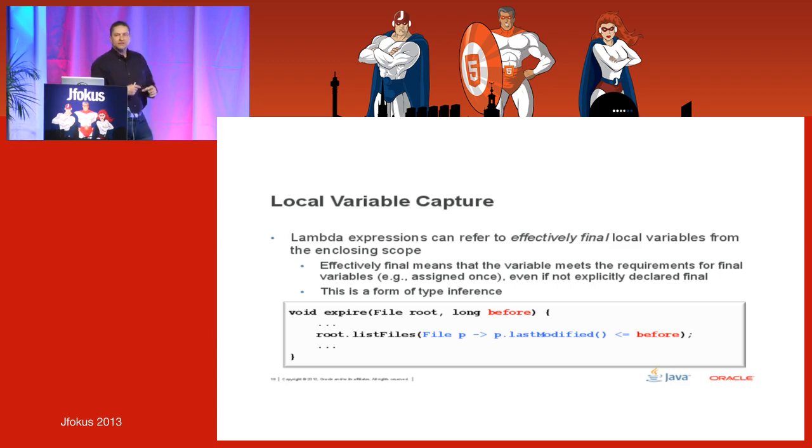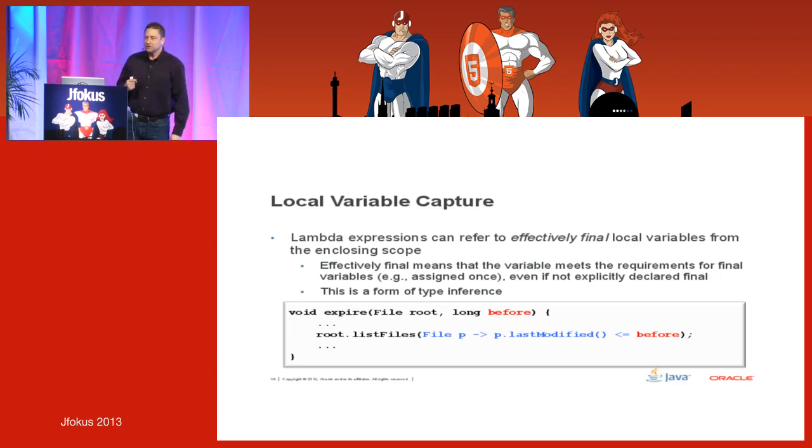But in the same way that you can think of a Lambda expression as clearly a replacement in many cases for an anonymous inner class, if you're using an anonymous inner class, you know that there's this issue that you can only reference variables from outside of the anonymous inner class if they are marked explicitly as final. So they can only be assigned once, they can't be changed. The reason for that is because we need to be able to copy them when we create the anonymous inner class and call that particular method. We don't want them changing as we're processing them in the method that's being called. So we mark them as final.